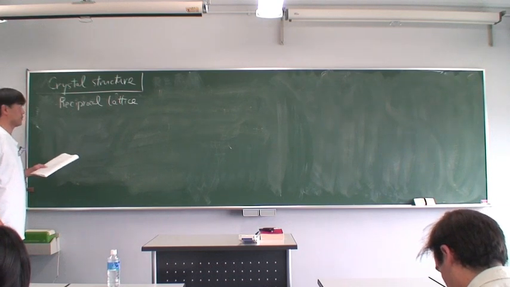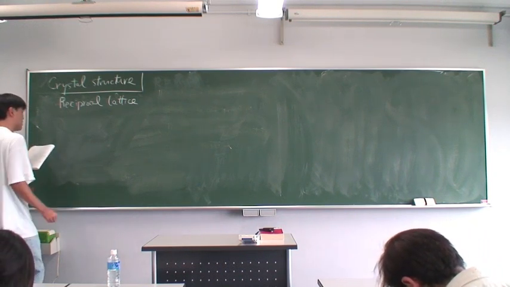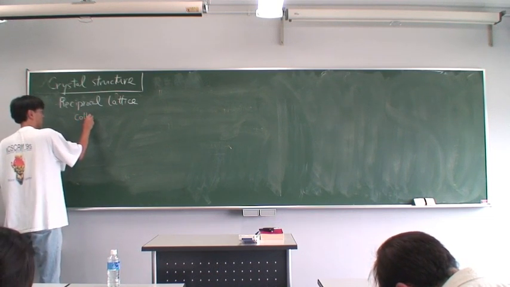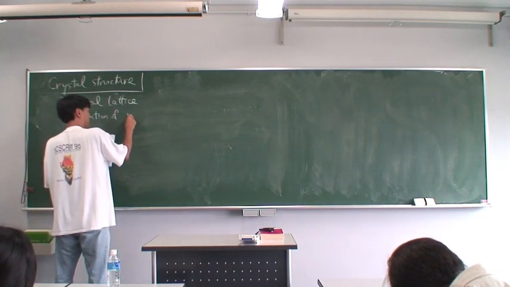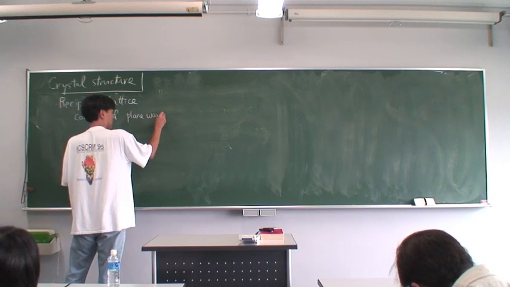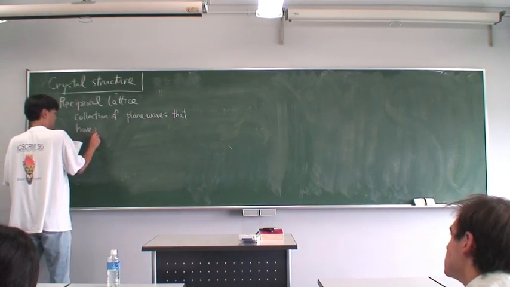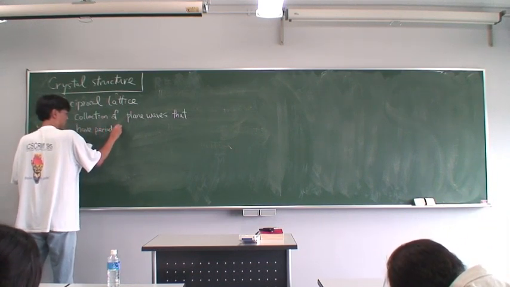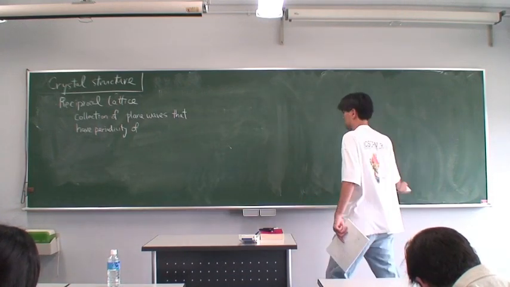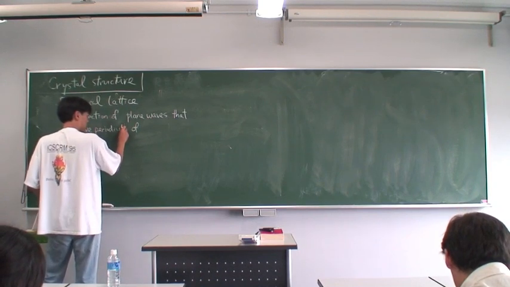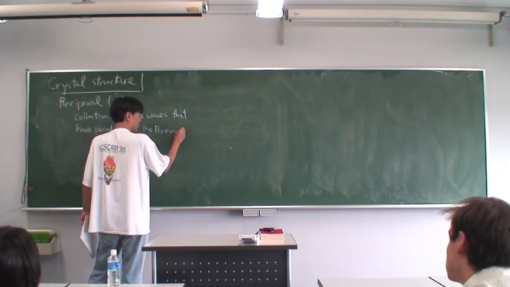Reciprocal lattice is defined as a collection of plane waves that have periodicity, or periodicities, maybe I should put this plural, of the Bravais lattice.